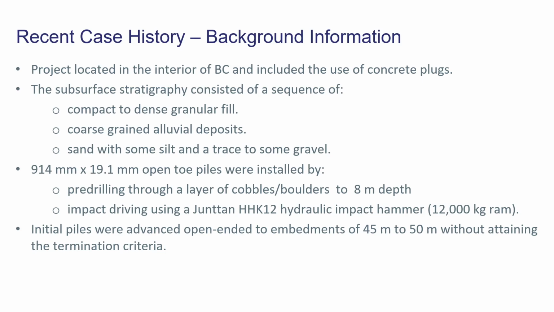They're installed by pre-drilling through the cobbles and boulders to some depth, 8 meters, and then advanced by impact driving. Problem is now the piles go down 45, 50 meters. That's deeper than I think the client probably wanted on the job, and they're not reaching their termination criteria, which is pretty standard with open-ended pipe piles, because once they get very big, they're coring, right?